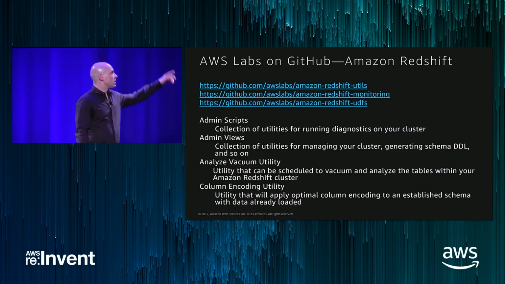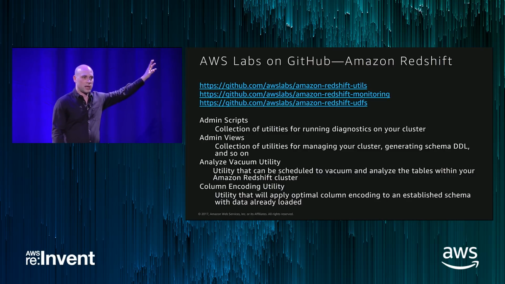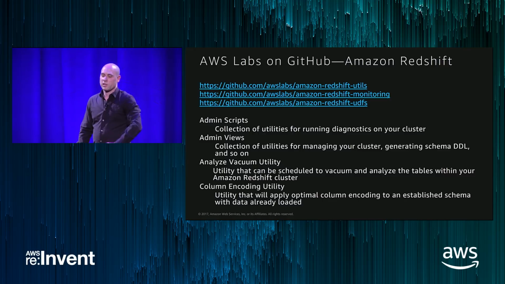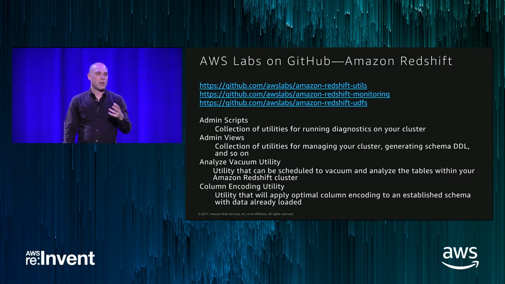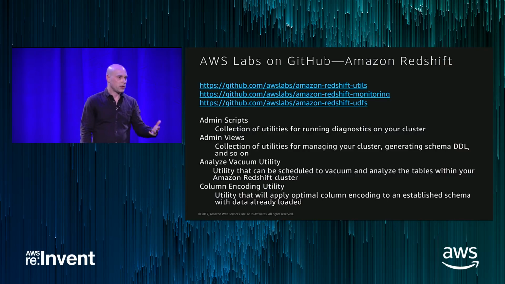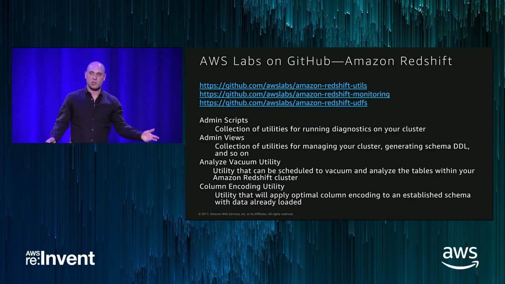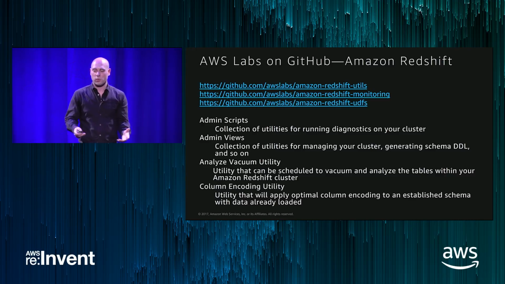So, additional resources. I've talked lots about these GitHub scripts. All of this stuff is on GitHub. I'll walk through them quickly. The admin scripts are scripts that our solution architect team, the team that I'm on, and our database engineering team, which is part of the Redshift team, use.